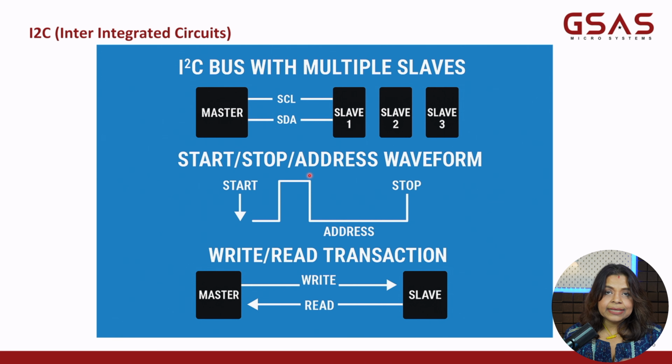Now let's come to the advantages of it. The advantages are that it can be used for short distance communication and it has multi-device functionality. But if you come to the disadvantages, it operates at very low speed. I²C has a range of operating speeds, from low to fast.